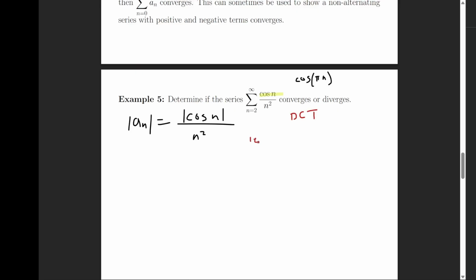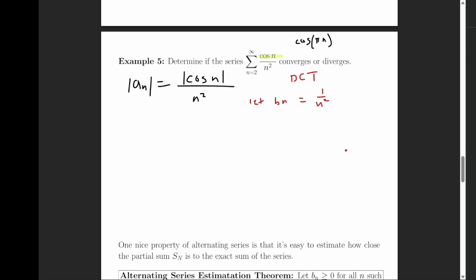So let's say b sub n equals 1 over n squared, right? And using that, we could just use the p-test. It converges, p-series, whatever. And then our little explanation: p equals 2, which is greater than 1. Okay?